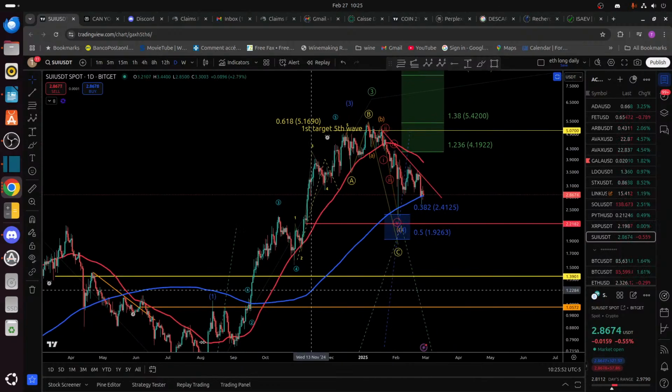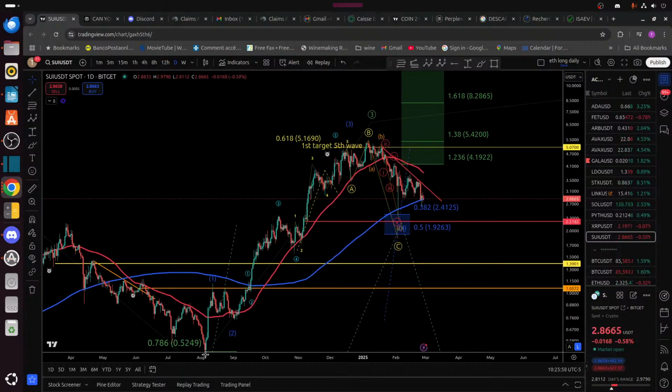Now I do have another, more bullish count, because I have this 1-2 in blue. I have these 5 waves here in light blue, and that would complete the third wave in dark blue.